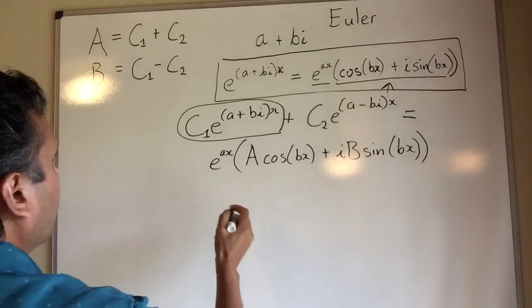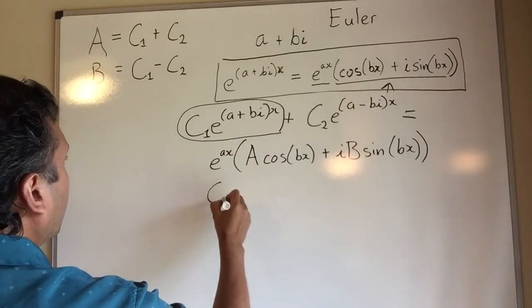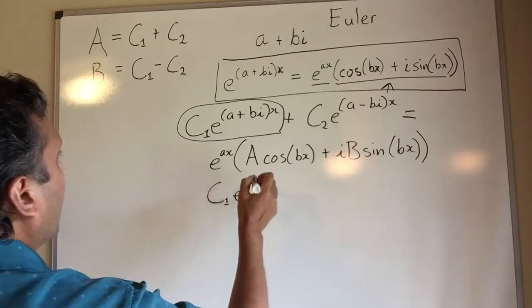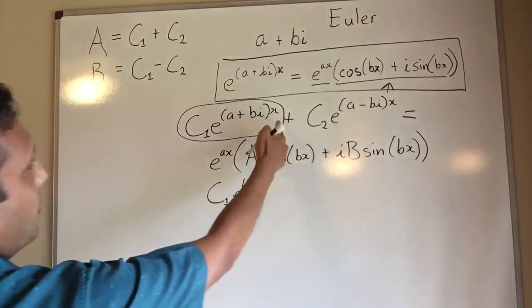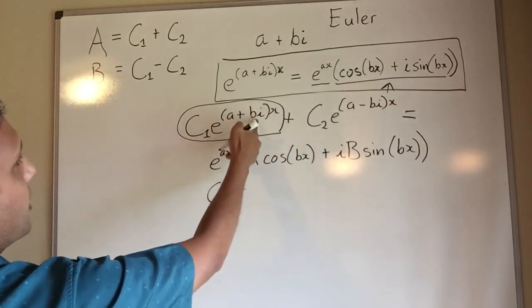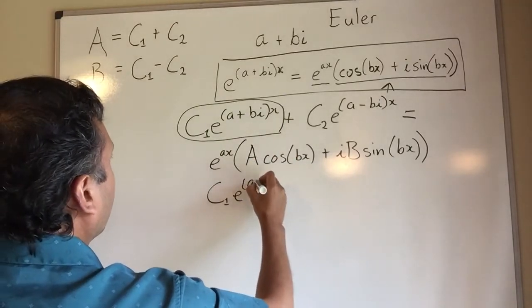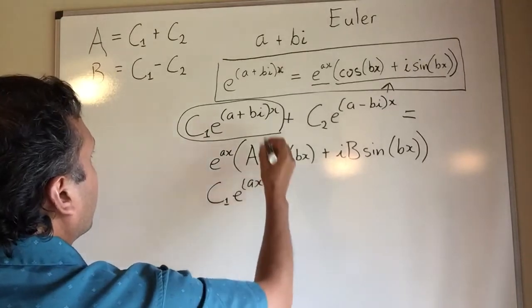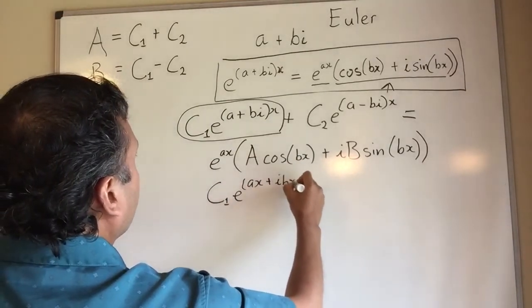Okay, so I have C1 multiplied by e. I'm going to distribute the x to each of these terms in this binomial. So ax plus bx.